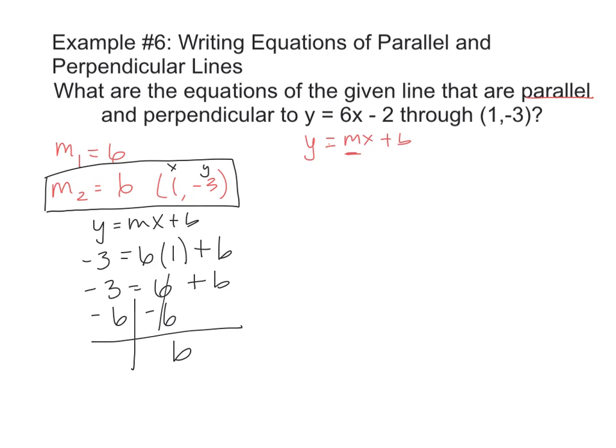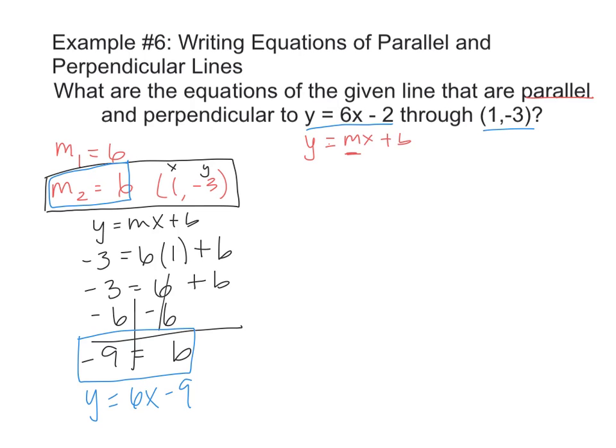So b will equal a negative plus a negative is a negative, so it will be negative 9. So our new equation will involve our slope and our new y-intercept. So that equation will be y equals 6x minus 9. So that is the equation that is parallel to our original equation that goes through our point 1, negative 3.